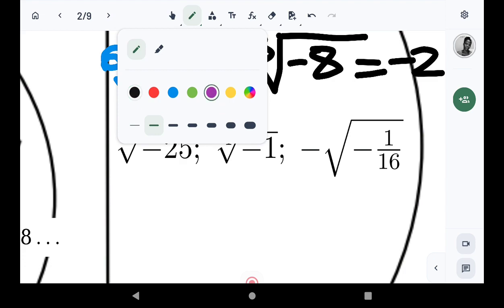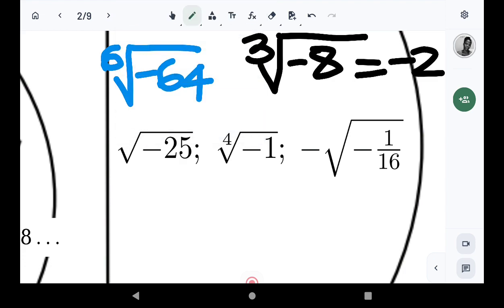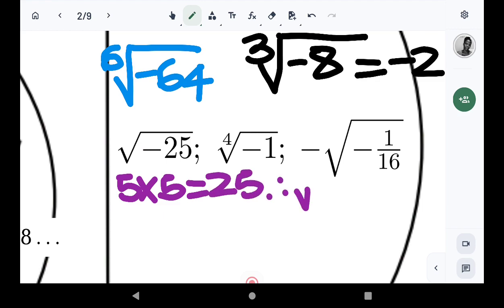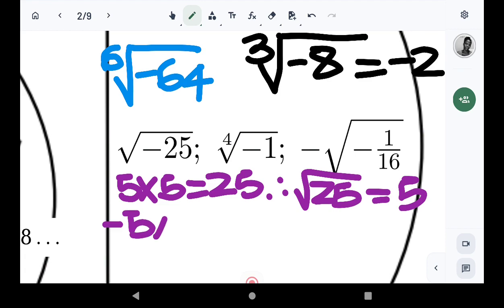Now let's go back to, for example, the square root of negative 25. We know that 5 times 5 is equal to 25. Therefore, the square root of 25 can be written as 5. Also, negative 5 times negative 5 is equal to positive 25.